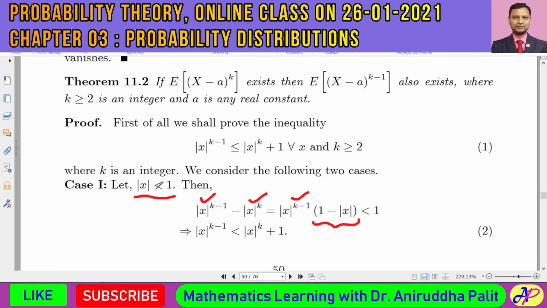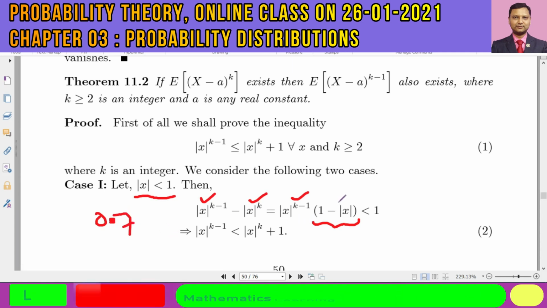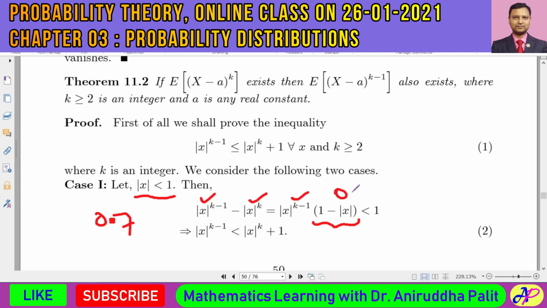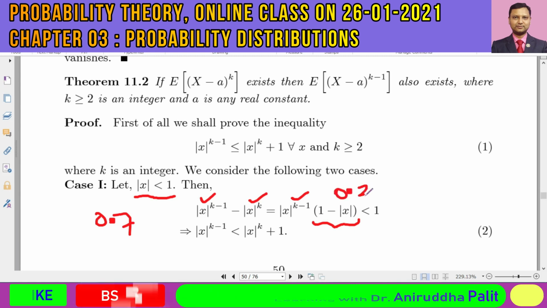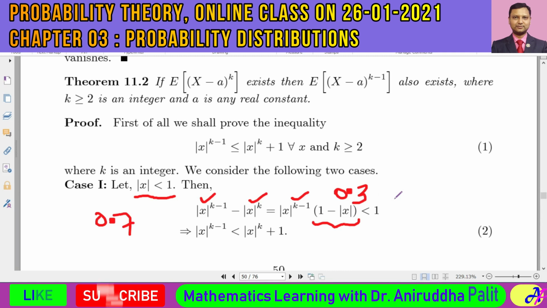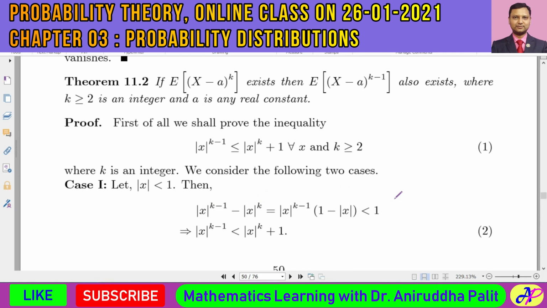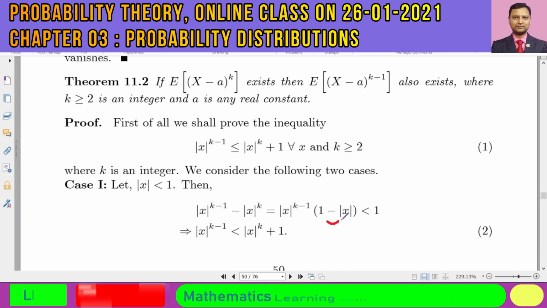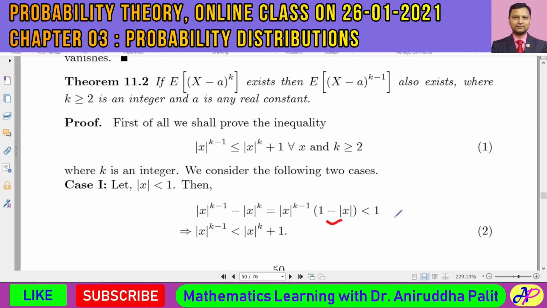If modulus of x has the value 0.5, or 0.7, then 1 minus modulus of x will have the value 0.3. Got it? So in any case we can say that 1 minus modulus of x, this expression within the bracket, is always less than 1.